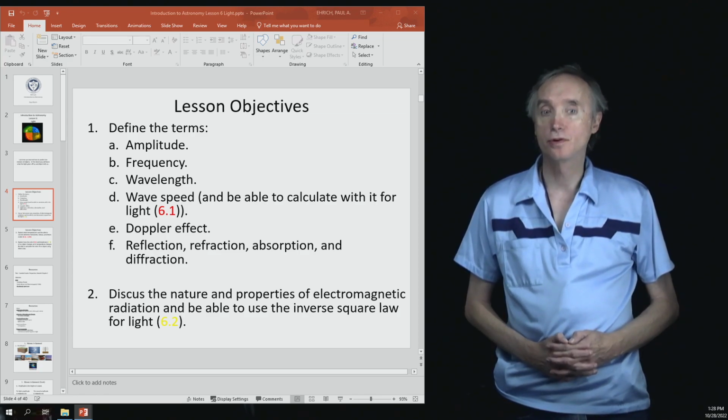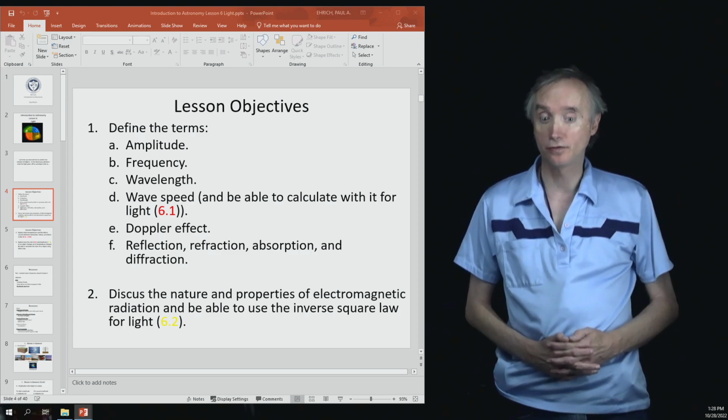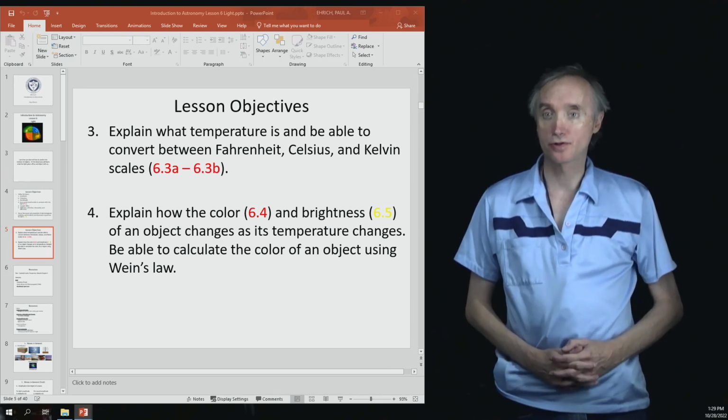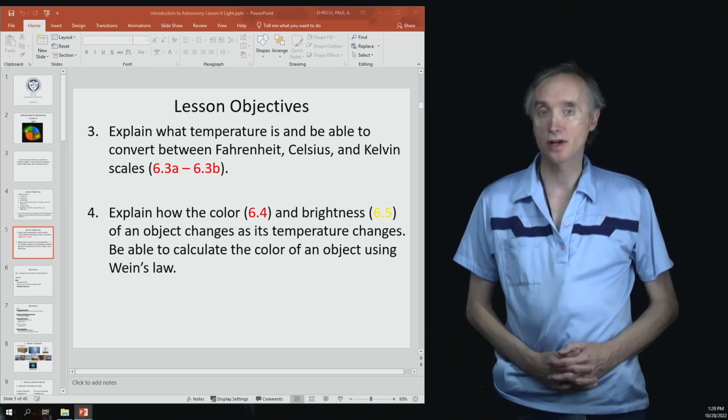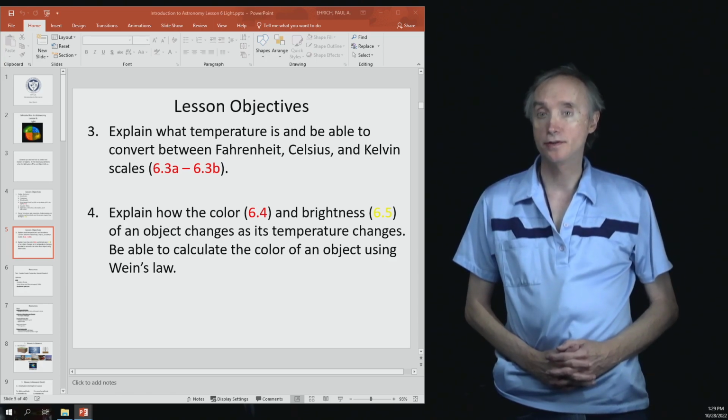And then we're also going to talk about how the brightness of light changes the further away that you get from it. We'll also talk about what temperature is and what the temperature scales are used to measure temperature. And then we're going to talk about how the color and the brightness of an object changes depending on its temperature.